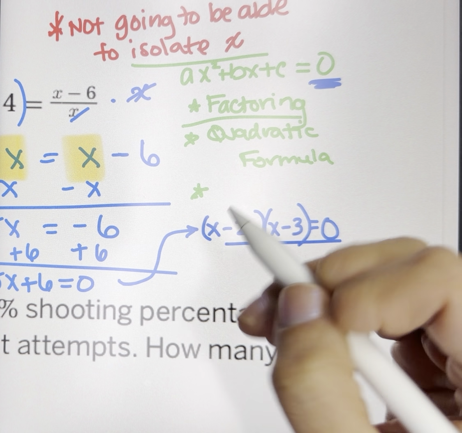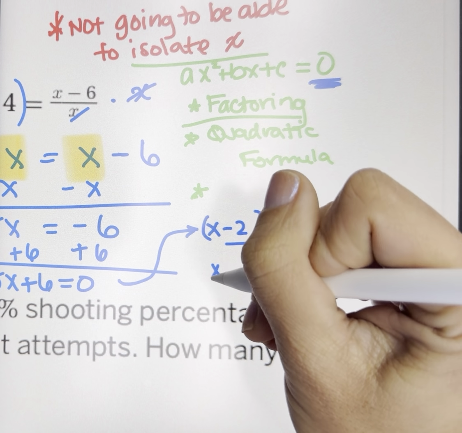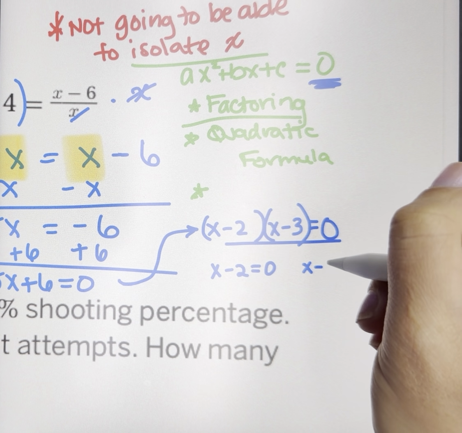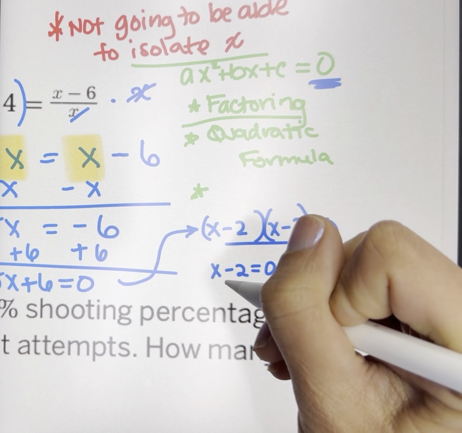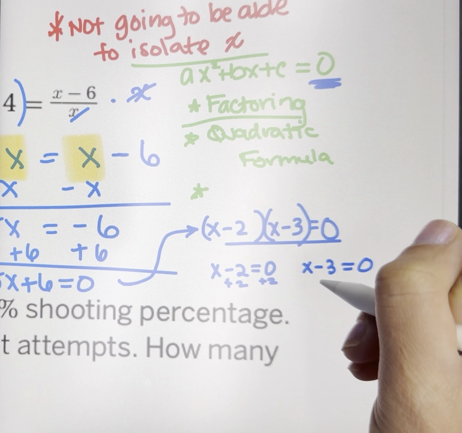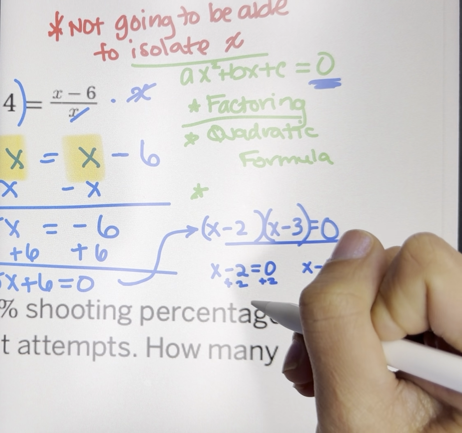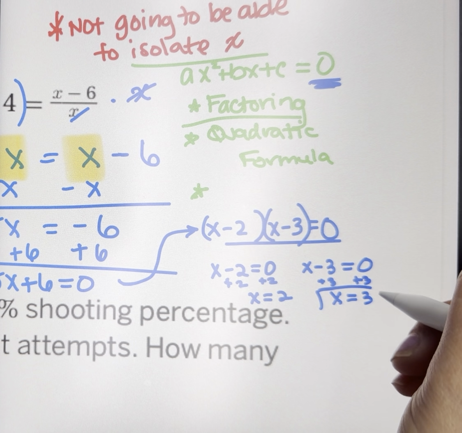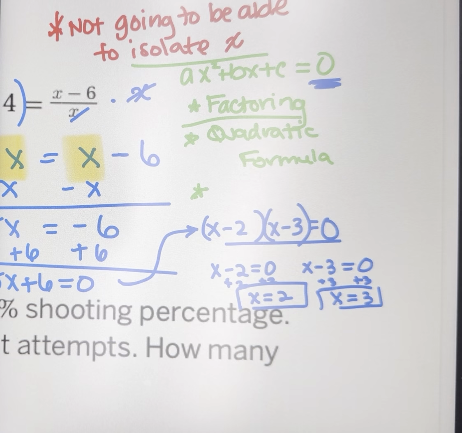So 2 will make it 0. You can set x minus 2 equals 0 and solve, or maybe you can just tell by looking at it. Add the 2, add the 2, add the 3, add the 3. So x equals 2, x equals 3. And that's it.